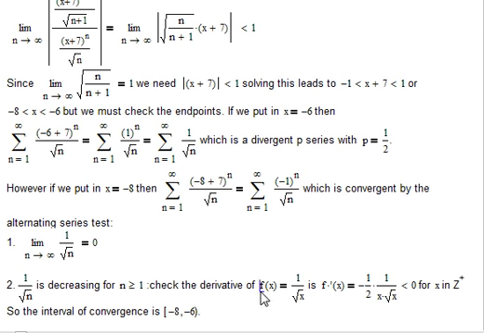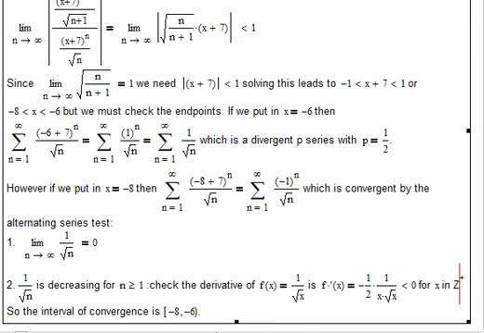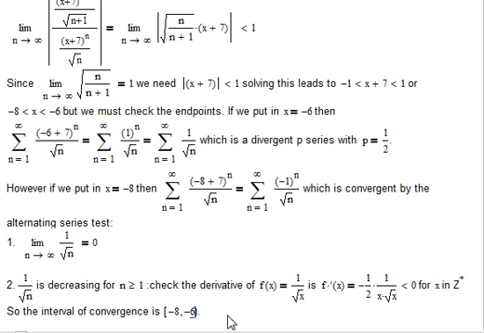So all we have to do is check the derivative of this to see if it's decreasing. So the derivative is negative 1/2 times 1 over x times the square root of x, or if you want to call it x to the negative 3 halves, that would work also. But that's going to be negative for all x that are positive, so the interval of convergence is from negative 8 to negative 6.